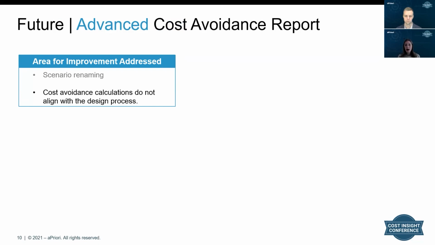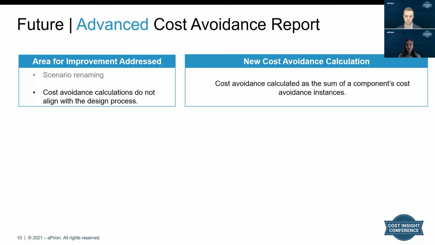We've received feedback that design engineers and managers would benefit from tracking cost avoidance earlier and throughout the design process. So in the advanced cost avoidance report, cost avoidance is calculated as the sum of a component's cost avoidance instances.